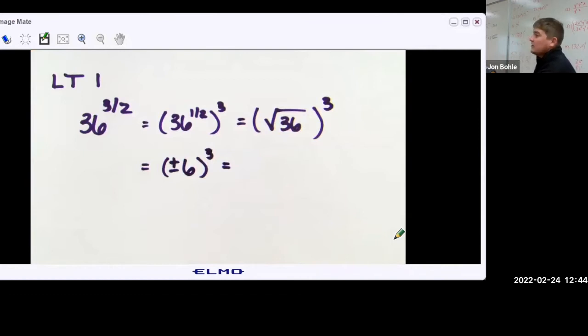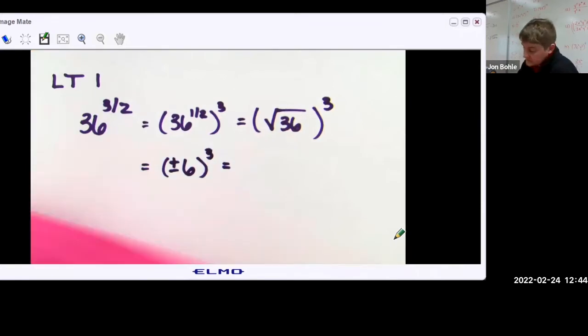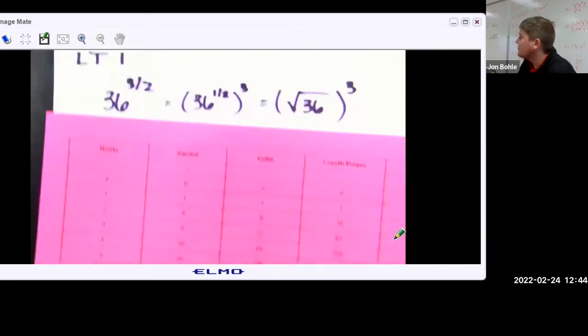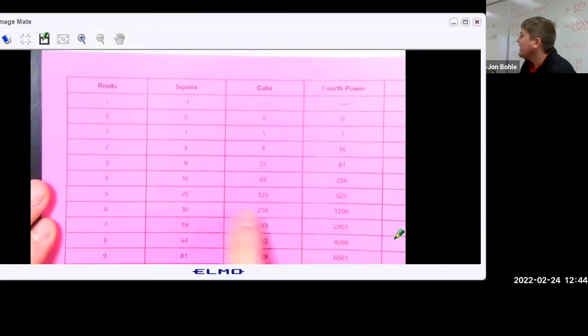All right, and then 6 to the 3rd power you can find on your cheat sheet. You find 6 and go to the 3rd power, cube. 6 cubed is 216.